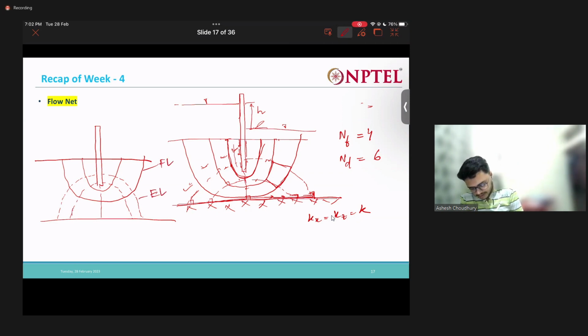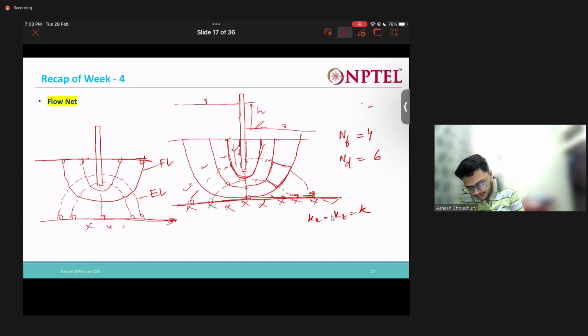Always remember that these should always be perpendicular. As this is my flow line, this should always be perpendicular, and this one is also my equipotential line, so this also should be perpendicular. So by trial and error we need to construct.